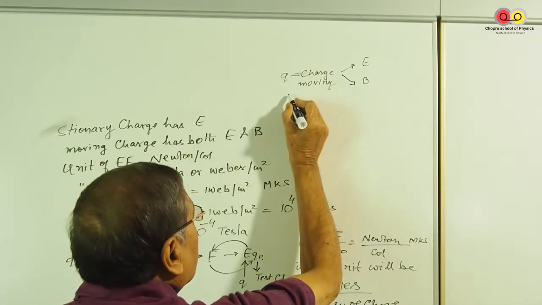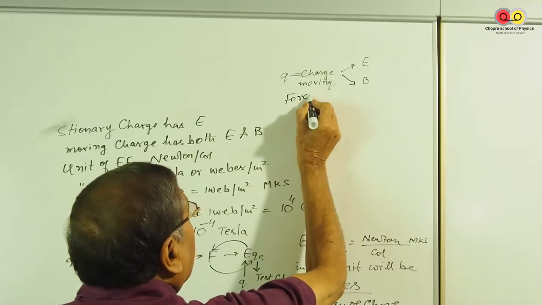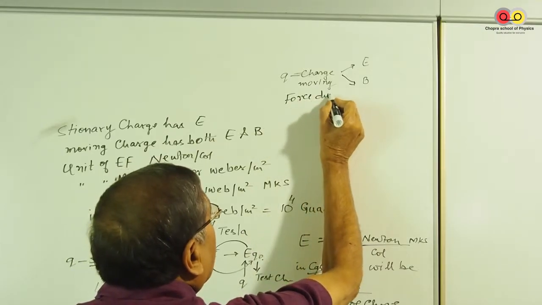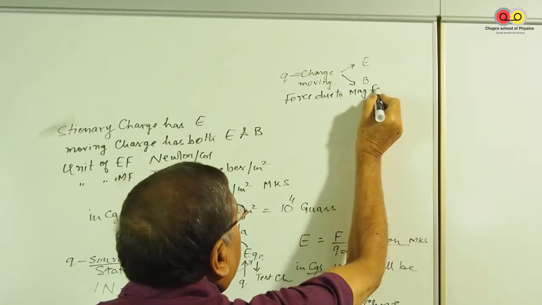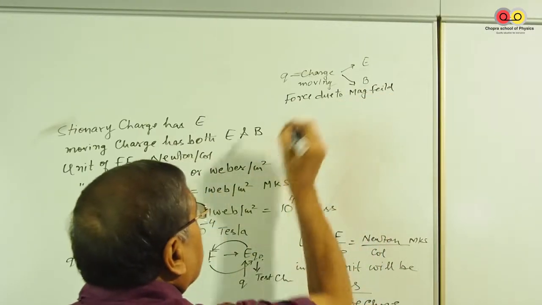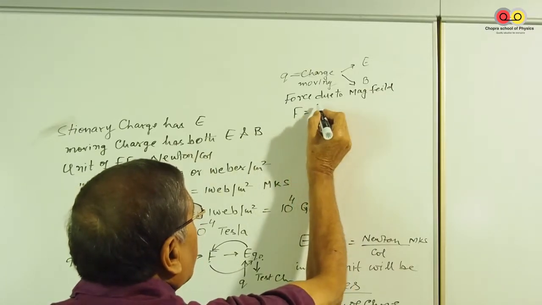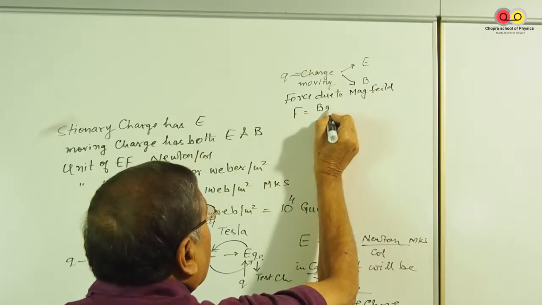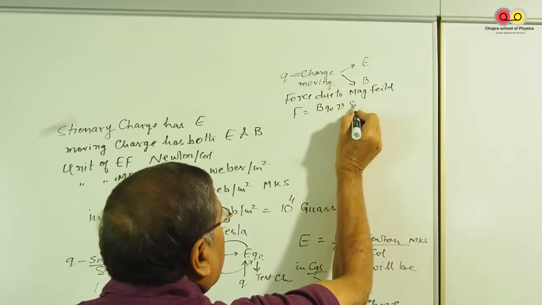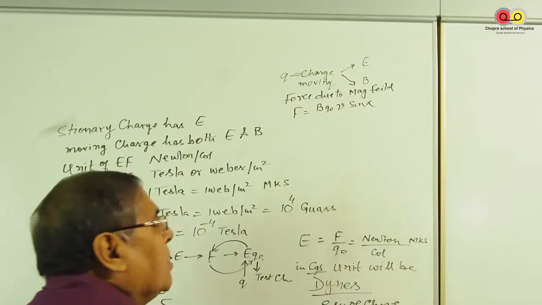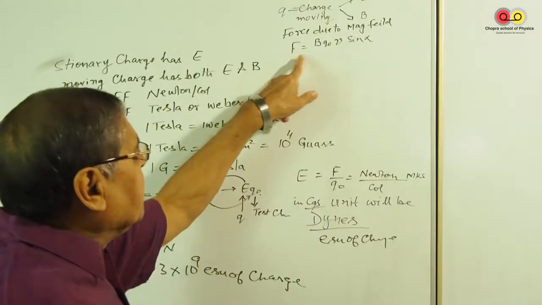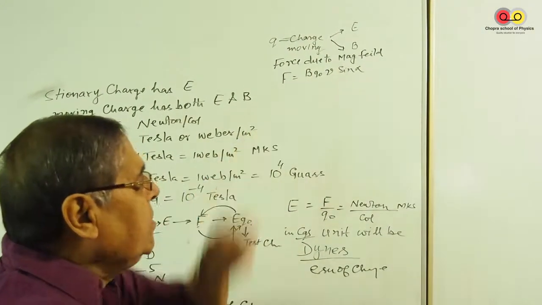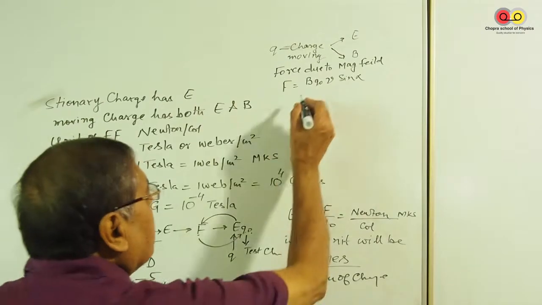So force due to magnetic field is F equal to B Q naught V sin theta. So I have written the second formula; the first formula was E Q naught, and now it is F equal to B Q naught V sin theta.